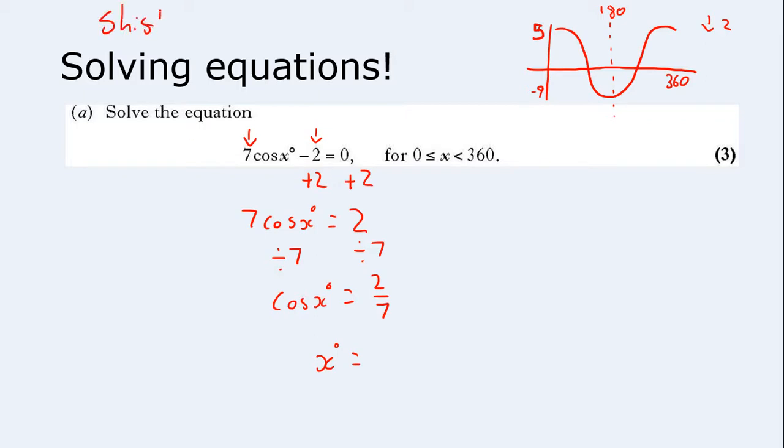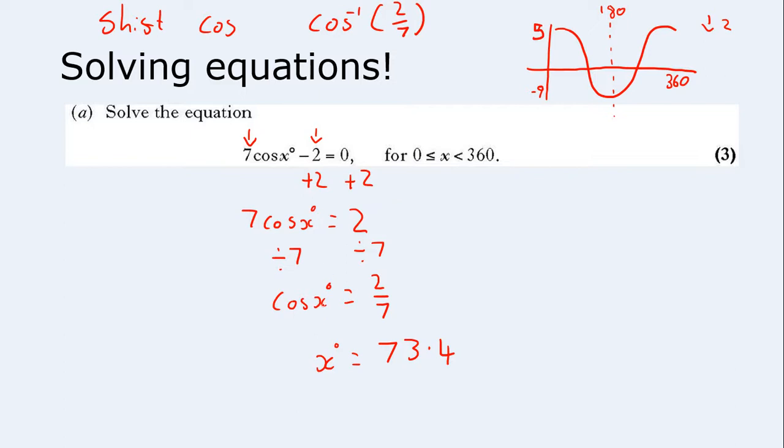Shift, cos. In your calculator, you would write this. Okay, and I'm going to do this now. I've rounded to 1 decimal place. Okay, I just want to be super clear. This is not a 0, this is degrees.